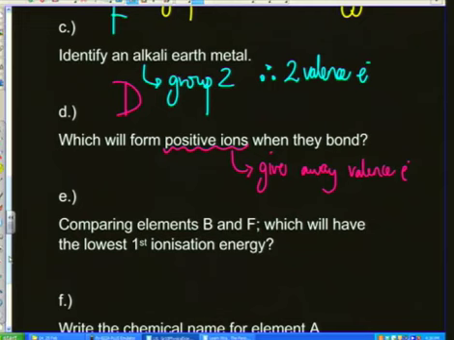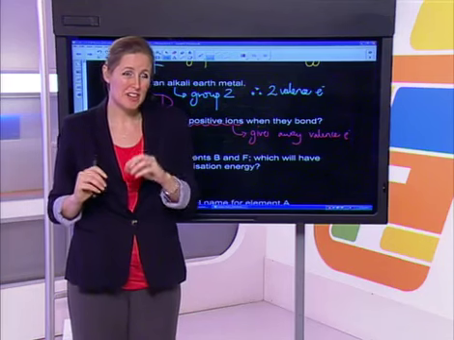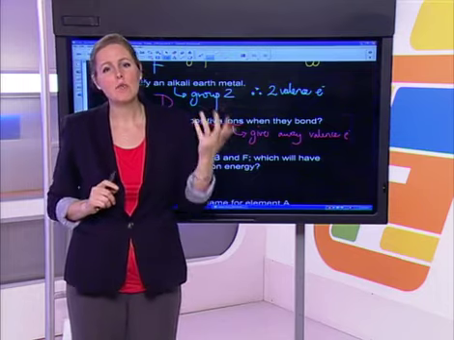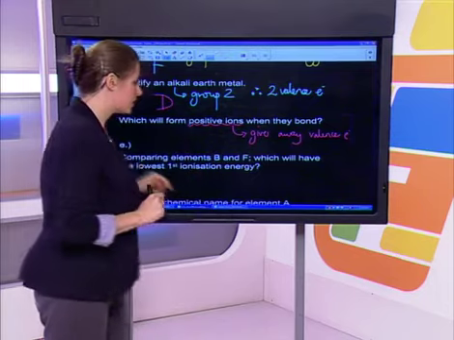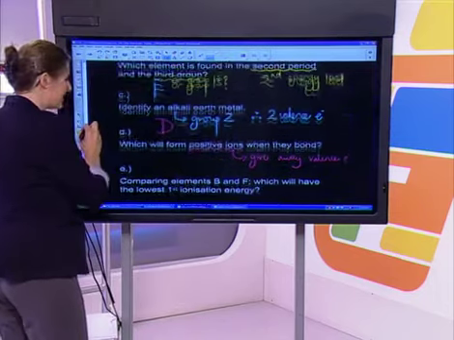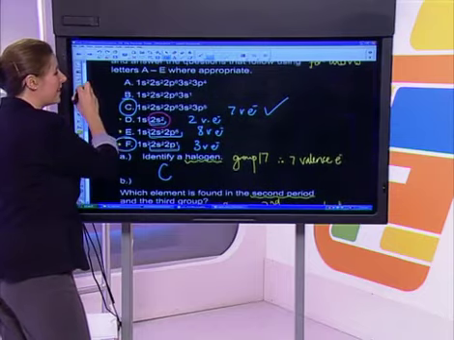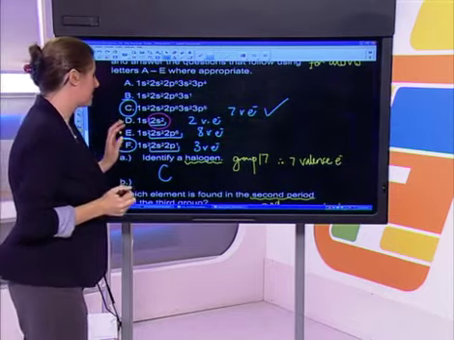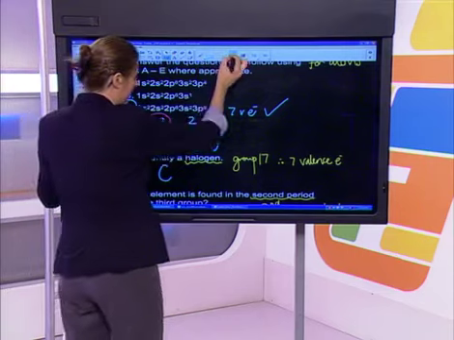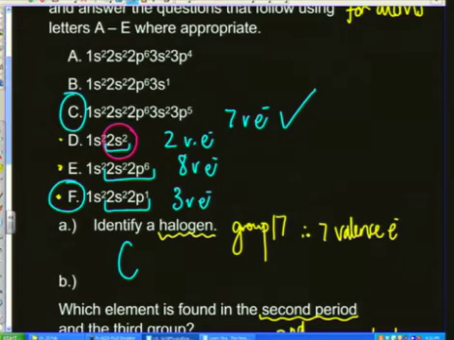Well, they're going to form positive ions. Which ones will form positive ions? When they only have 1 or 2 to give away. So, options here are things with only a few valence electrons. We said, and I'm going to write these in here again, this was 6 valence electrons. 2 plus 4 is the 6. This one only had 1 valence electron.